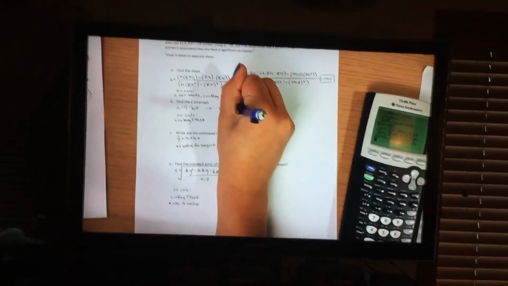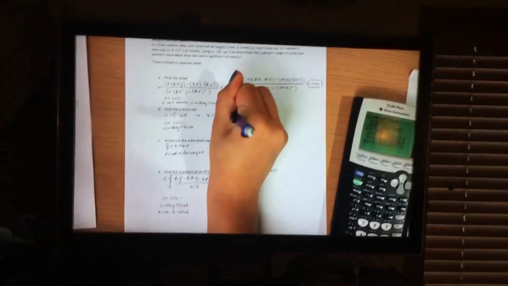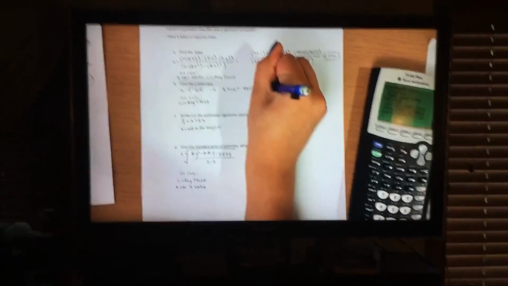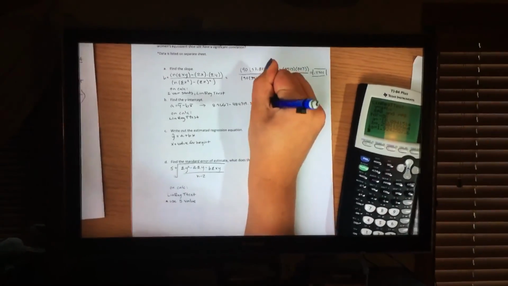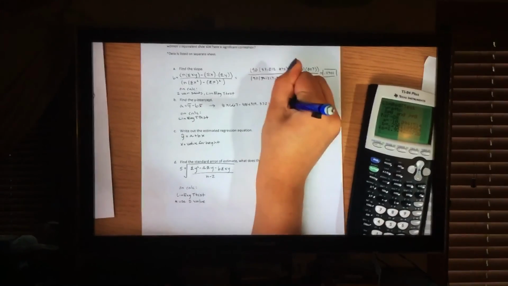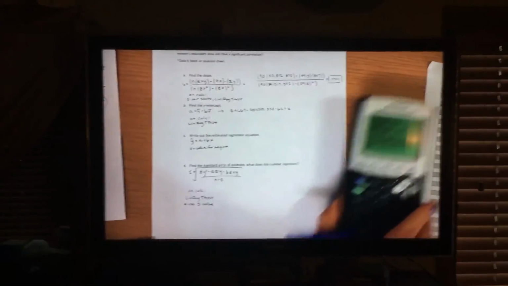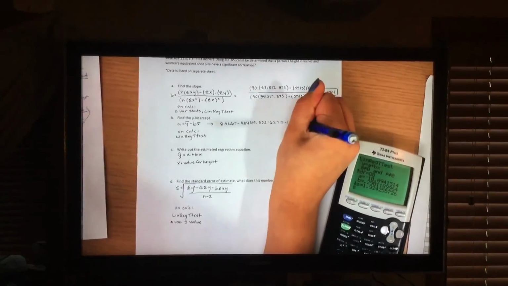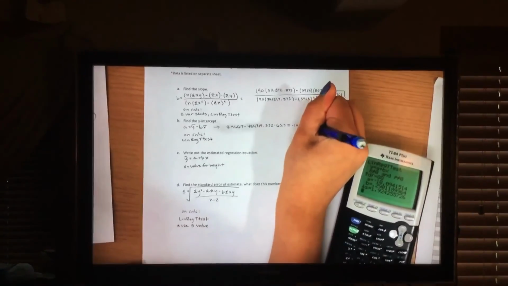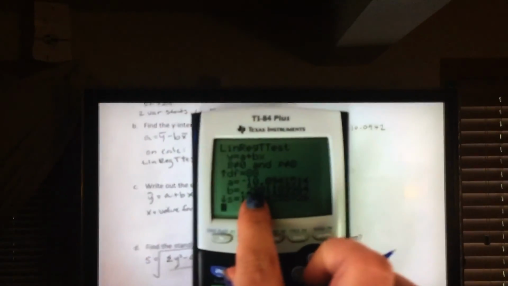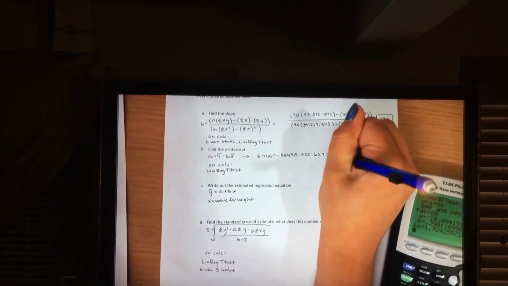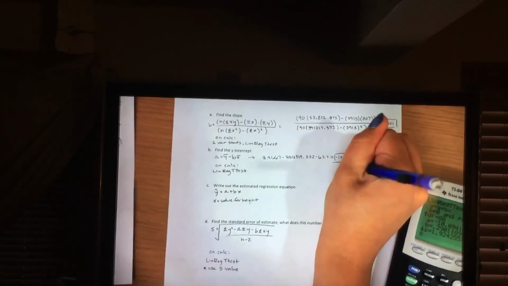And since we used LinRegTTest and the equation in the previous question to find our b value, we now can plug that into our equation here. So it becomes 8.9667 minus 0.2901 times 65.7. And that gives us our a value of negative 10.0942, which we confirmed on LinRegTTest.